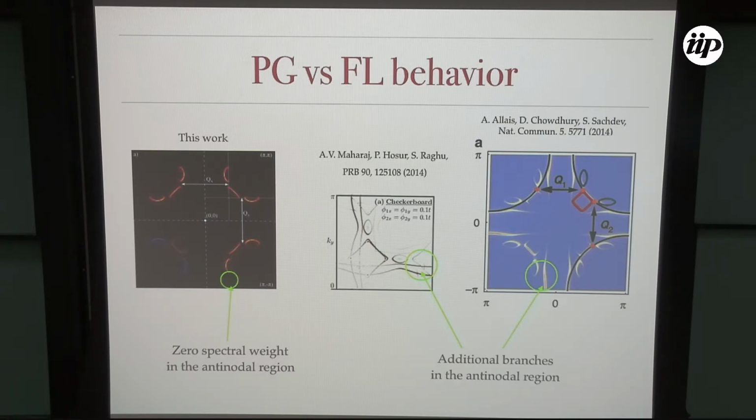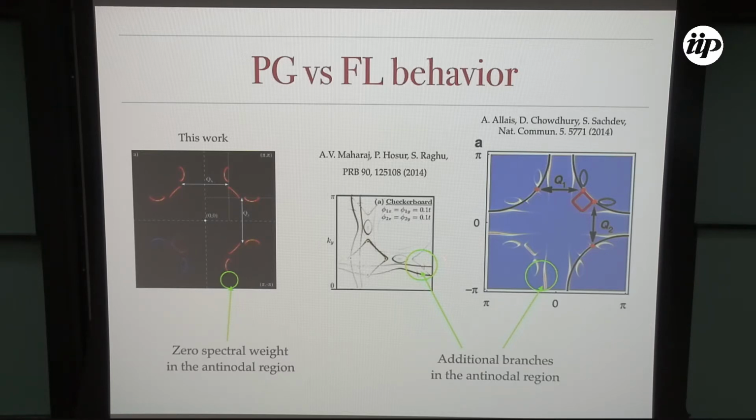In our approach we have zero spectral weight in the antinodal region, so it corresponds to the pseudogap Fermi surfaces corresponding to the data obtained by ARPES, and it corresponds to the theory of the pseudogap, but in another way.